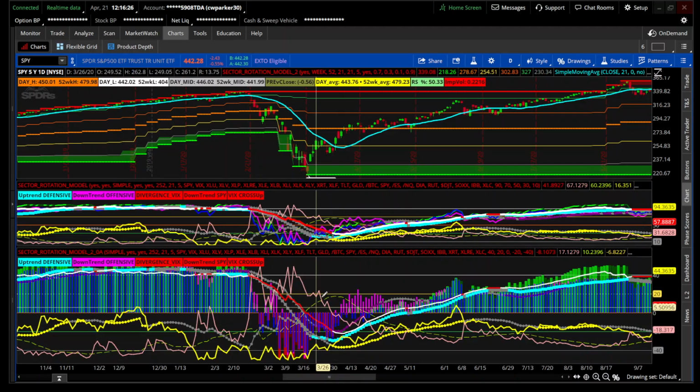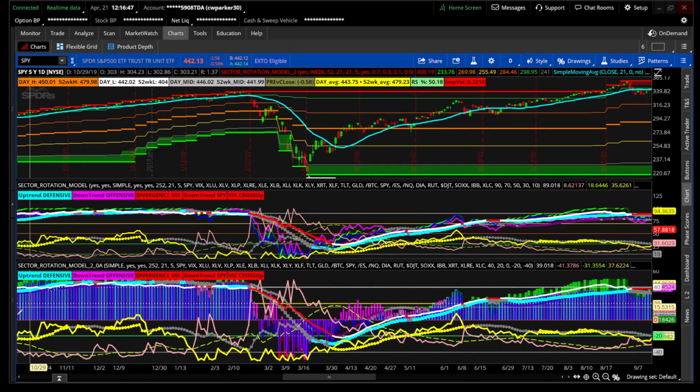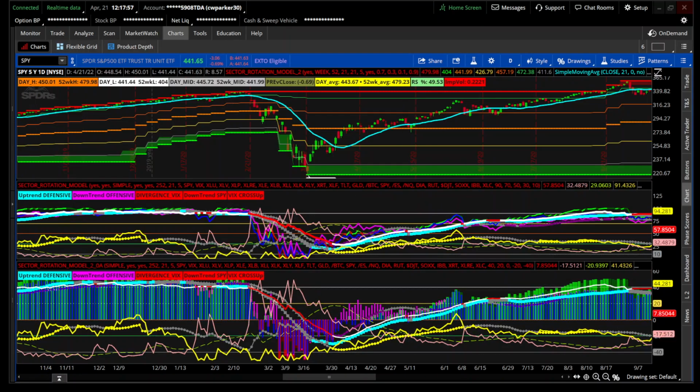But they're basically the same. It's just your preference of whether you want 0 to 100 or you want something more like the MACD to show you the difference from the mid 50% level between the 52-week high and 52-week low, or you just want it 0 to 100. And that's basically what you're getting right there.